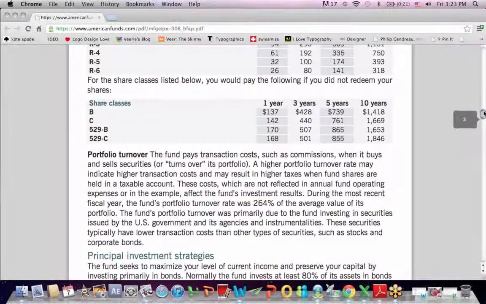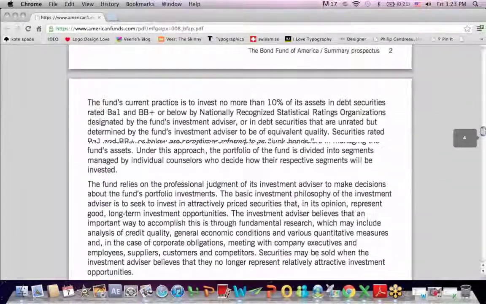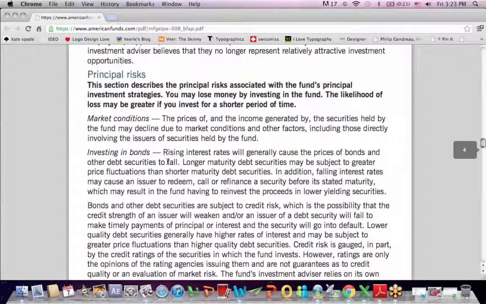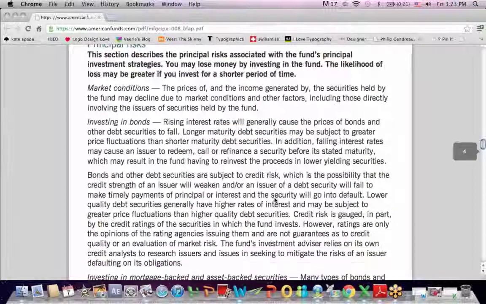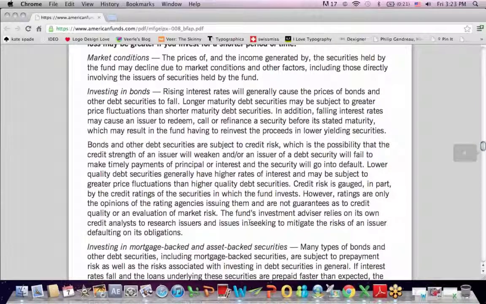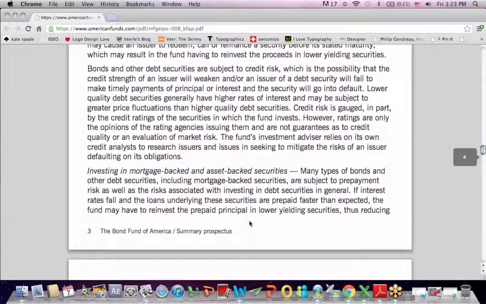So you can see here that the fund, and I just went over it, lists the risks of investing in bonds. They talk about interest rate risk. They talk about the debt security maturities. They talk about credit risk. They talk about prepayment risk.